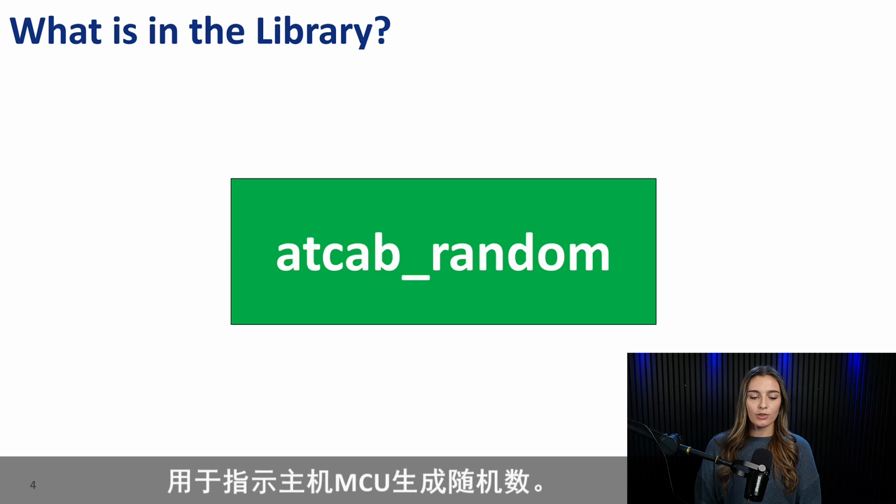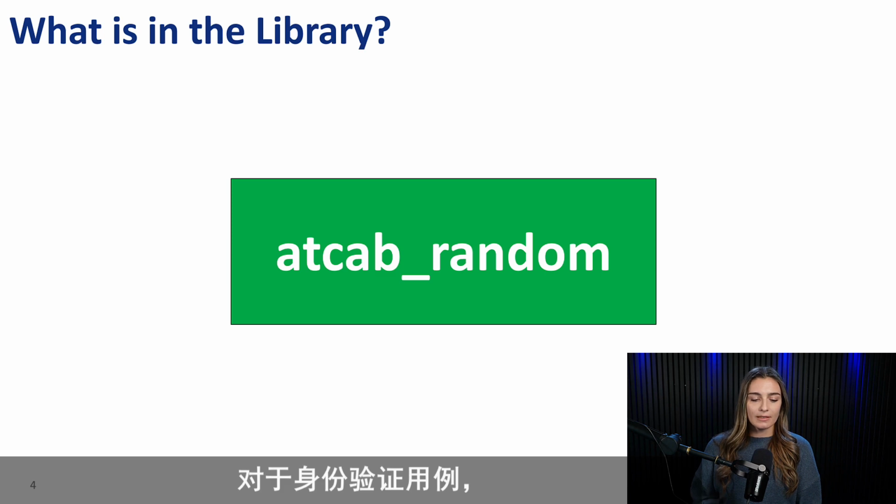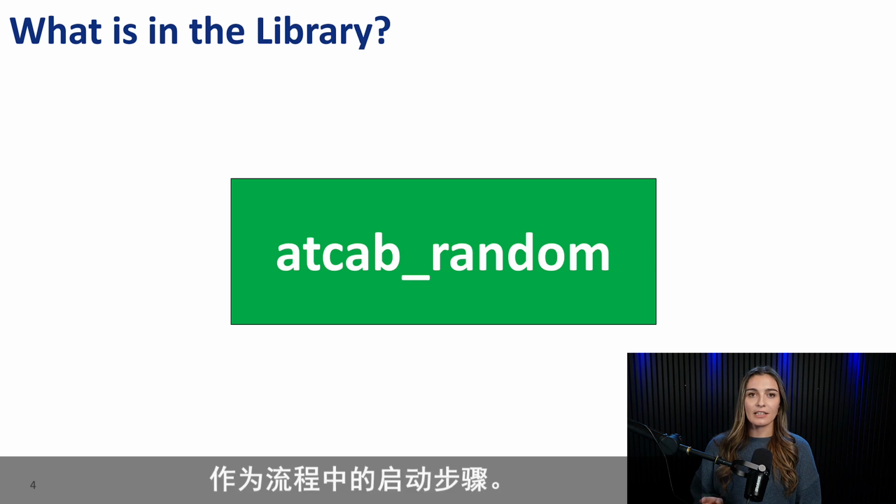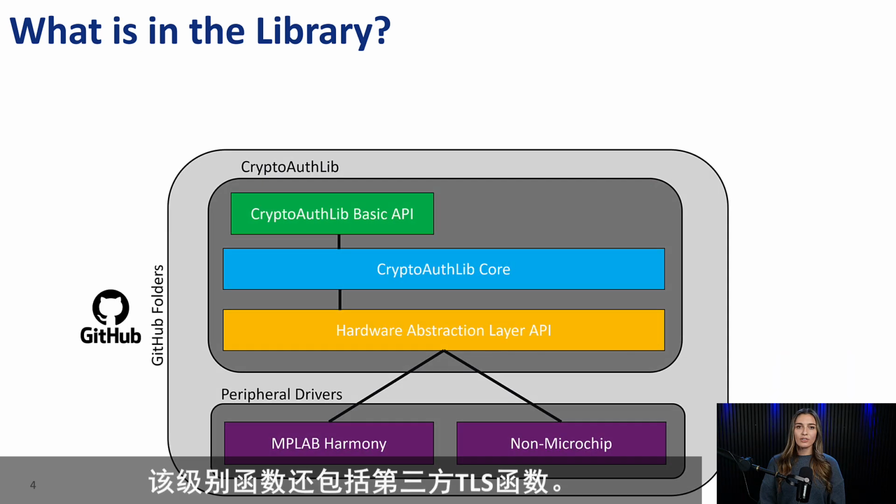atcab_random instructs the host MCU to generate a random number. For an authentication use case, this random number is sent to the device being authenticated as the initiating step in the process. An additional component to this level of functions is third-party TLS functions.